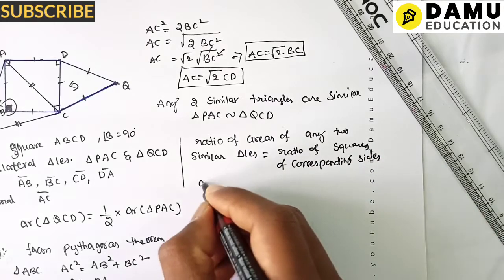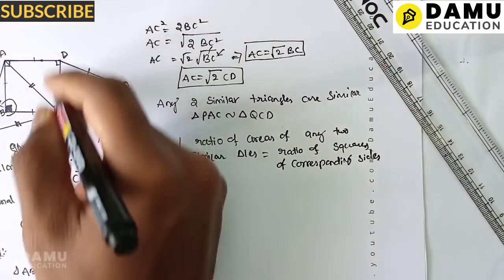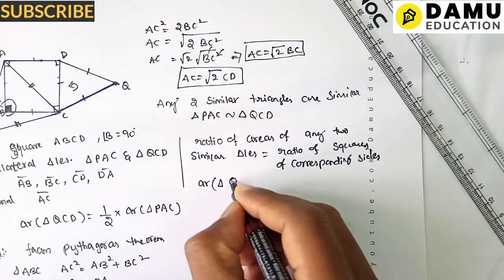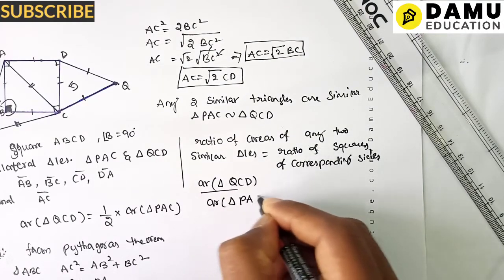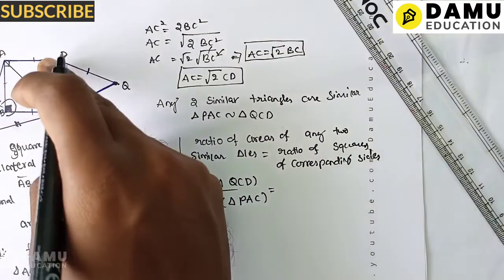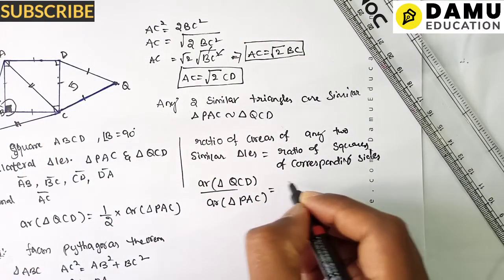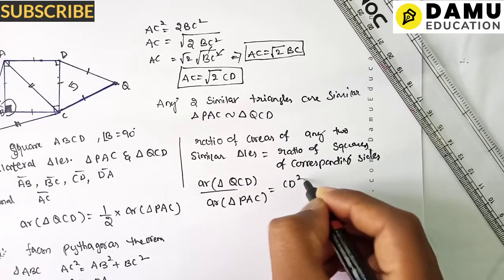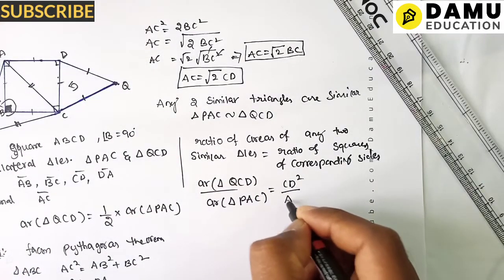So from this, the area of triangle QCD by the area of triangle PAC will be equal to CD square by, here the hypotenuse is the base, AC square.